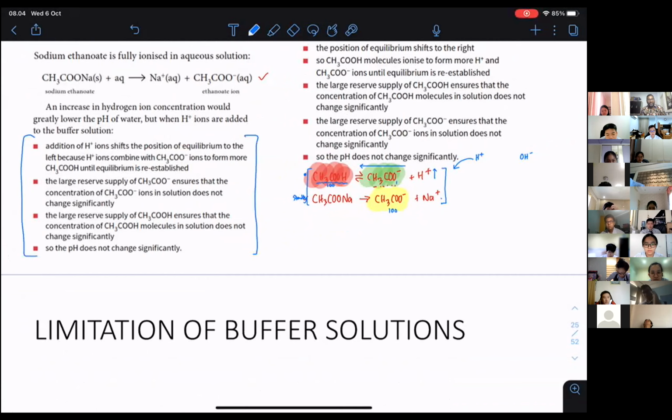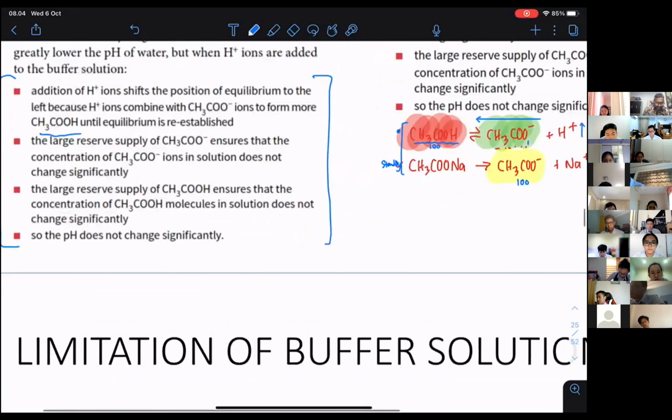The position is shifted to the left, and it will form more of this. So when I say a lot of apples, I mean a large reserve supply. A large reserve supply makes sure the changes are not significant, so in the pH you cannot see any changes.